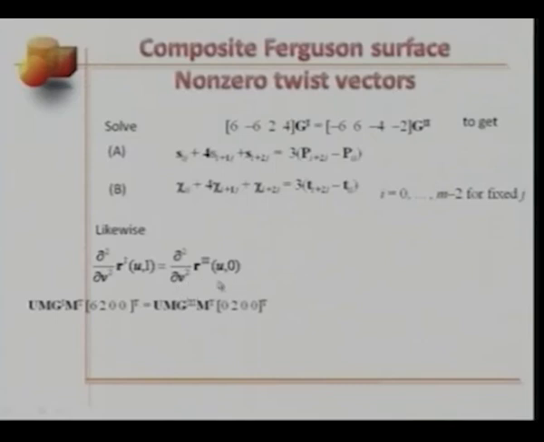So this expression here will be U M G3 M transpose 0, 2, 0, 0 transpose. Let us skip the algebra and get to the final result. The geometric matrix for the first patch times 6, minus 6, 4, 2 transpose is equal to the geometric matrix for the third patch times minus 6, 6, minus 4, minus 2 transpose.